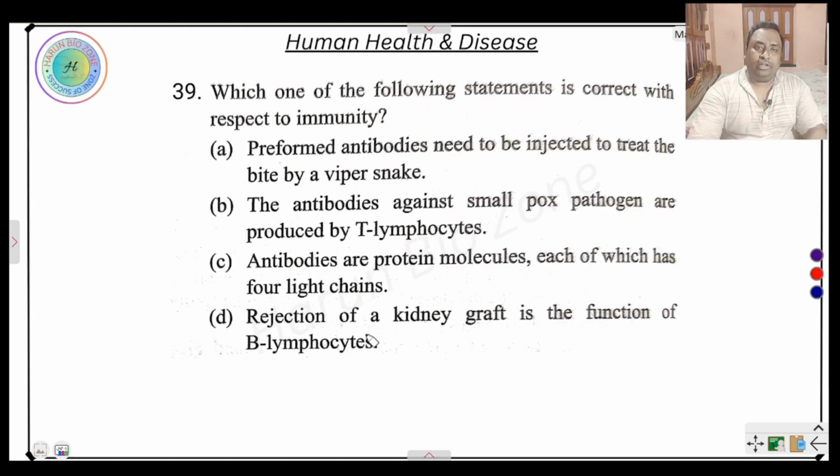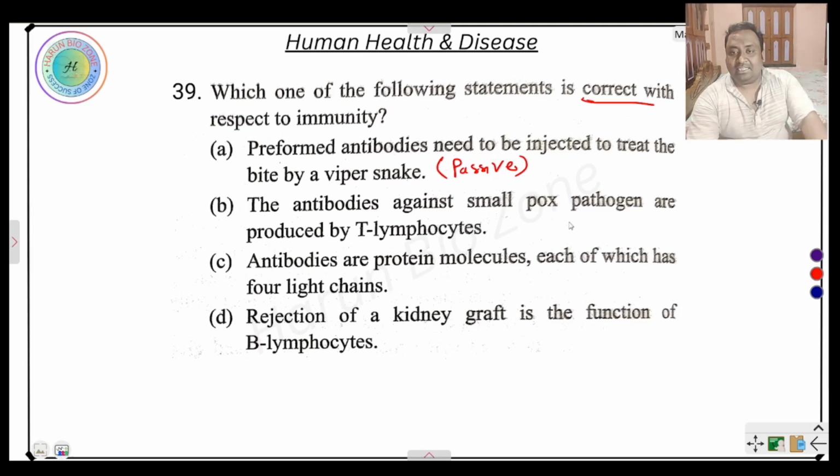which one of the following statements is correct with respect to immunity? Preformed antibodies need to be injected to treat the bite by a viper snake. Definitely, it is passive immunity, because the antibody is produced in a horse. After production, it is isolated from the serum of the horse blood, then injected into our body.